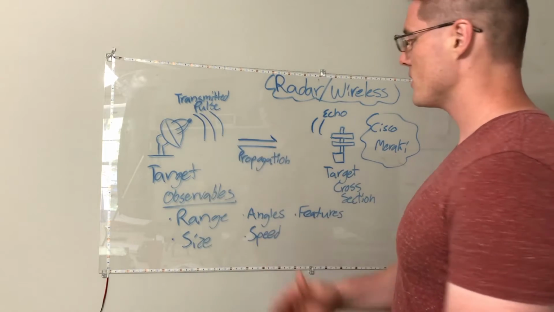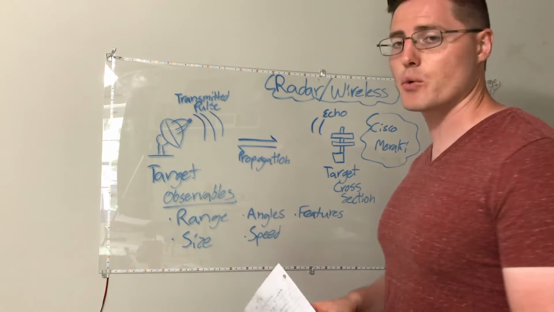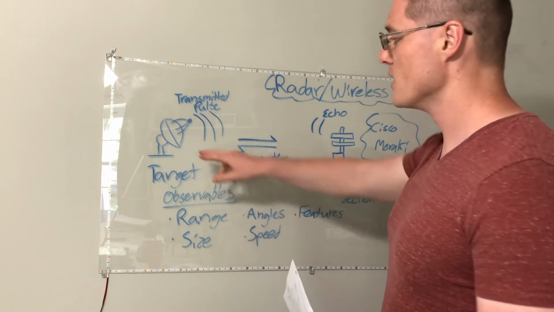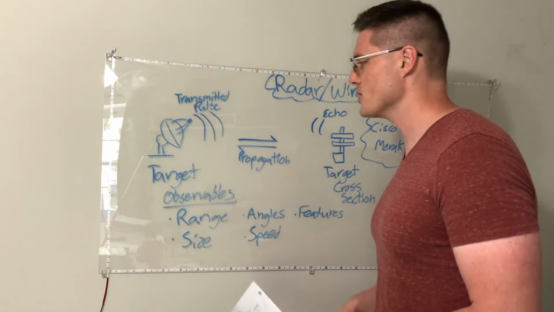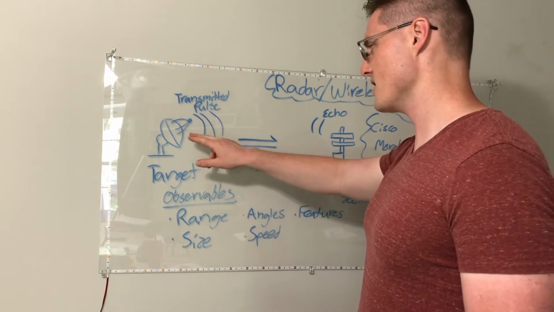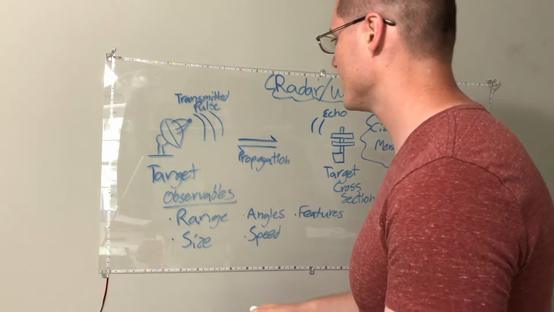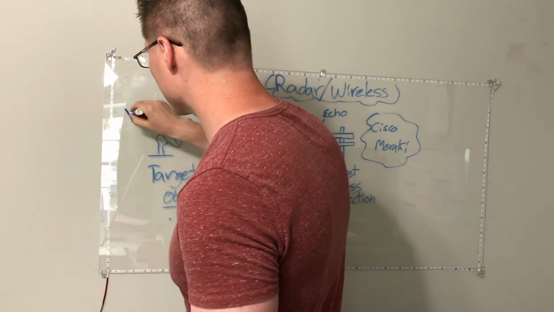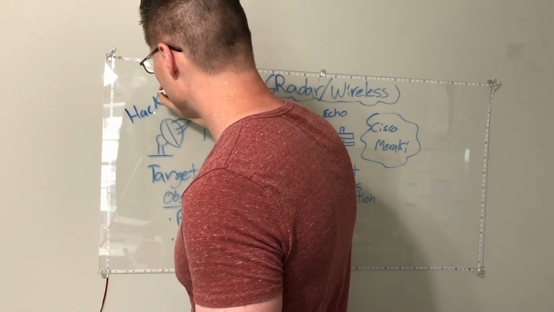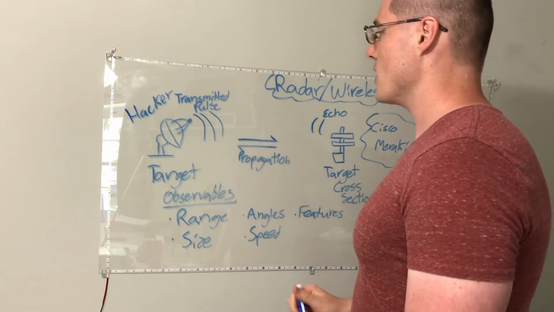So on the left, I wanted to start applying this towards networking, infrastructure, and technologies. This looks like a parabolic dish, or at least it should. And we can first assume this is the hacker. Let's talk about it from the hacker's perspective. Assume that this is transmitting a pulse.